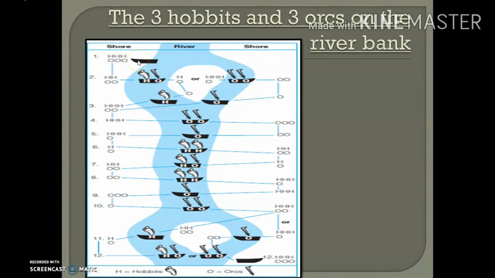This is the rowboat. There is one problem. If the number of orcs on either river bank exceeds the number of hobbits in that bank, the orcs will eat the hobbits on that bank. How can all 6 creatures get across to the other side of the river in a way that guarantees that they all arrive there safely?